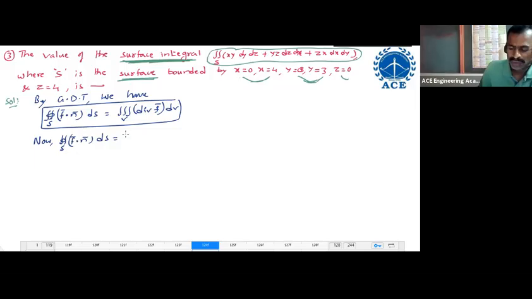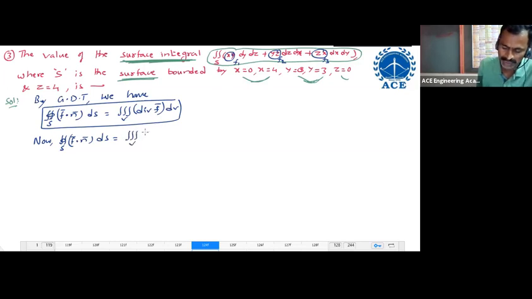In this problem, the vector function is not given directly but indirectly, because the surface integral is given in Cartesian form: f1 dy dz, f2 dz dx, f3 dx dy. So from this we can get f1, f2, f3, and we find the divergence.